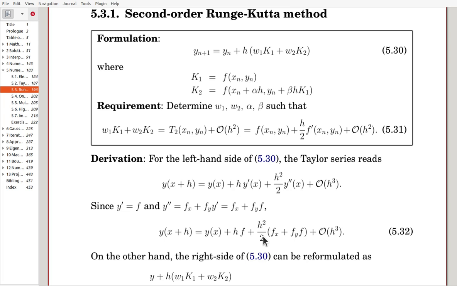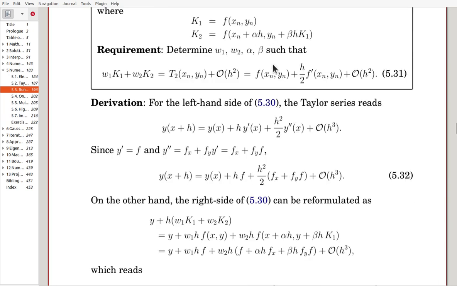On the other hand, for the right side, we start with this one, using k1 and k2 explicitly, and then we make an expansion for that, approximating it along with the first order term.